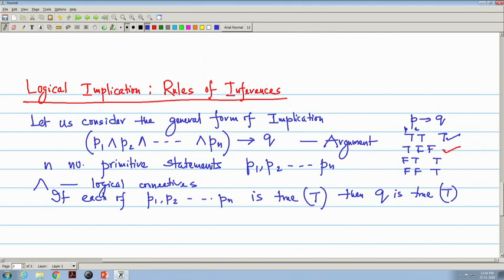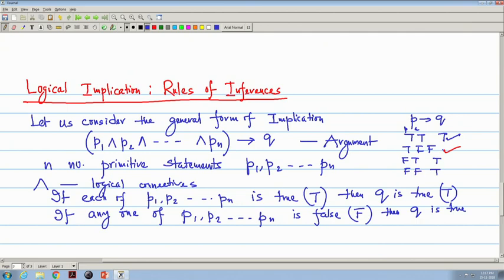Now, when will it be giving a false result? If any one of P1 to Pn is false, since they are connected with the conjunction AND, then even if Q is true, why?